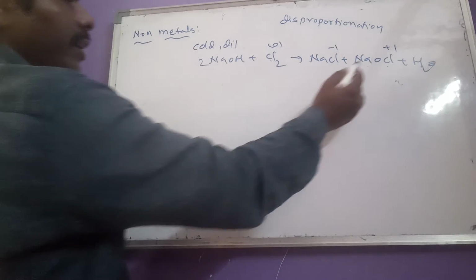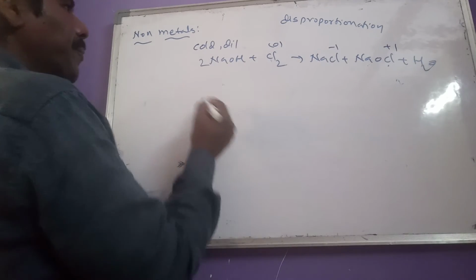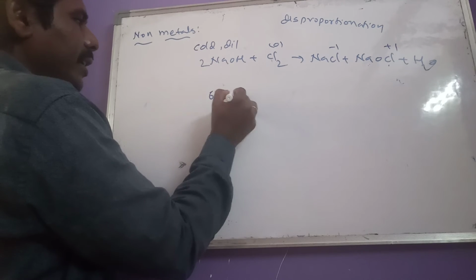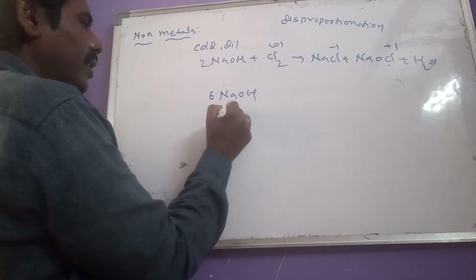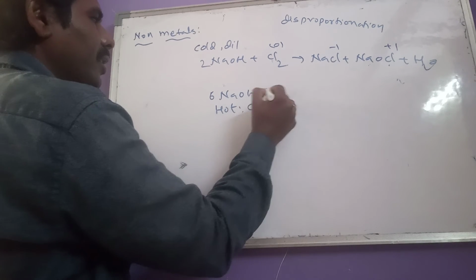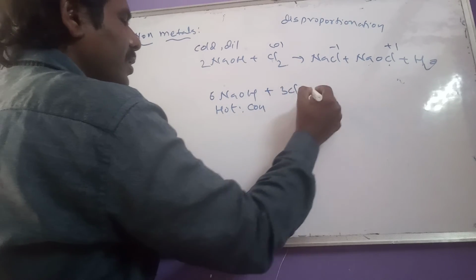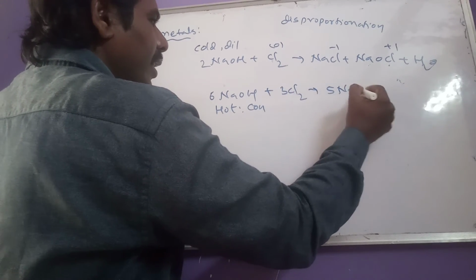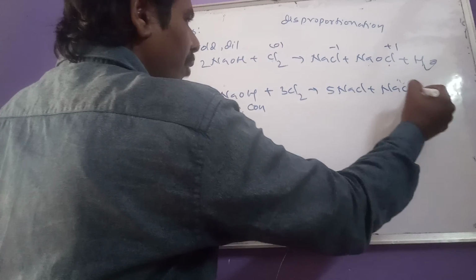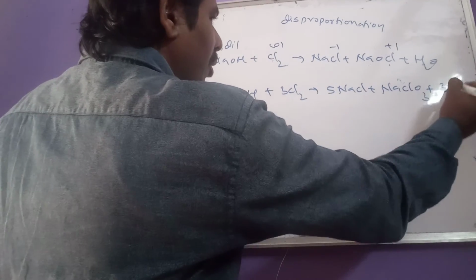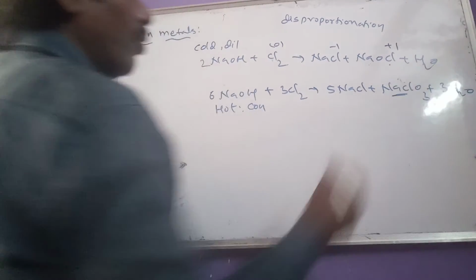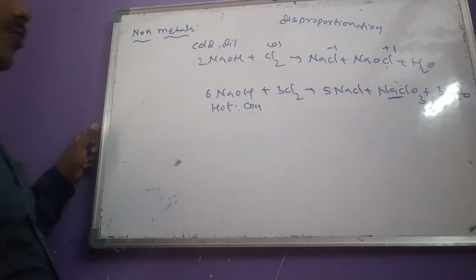So here we are getting sodium hypochlorite. If we consider hot and concentrated NaOH, we get NaCl as common, but here we also get sodium chlorate, formula NaClO3.